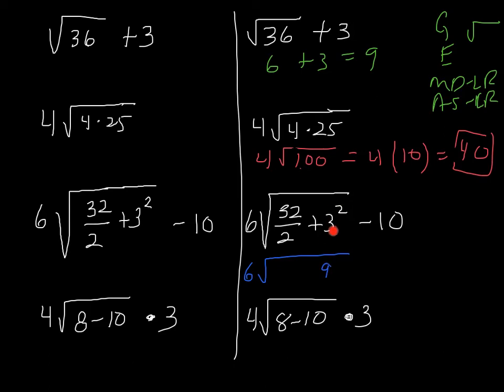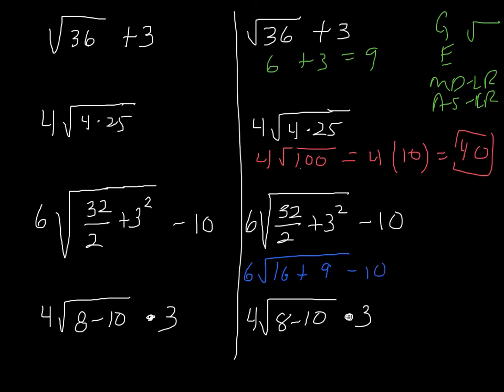Now I've just done the exponent, therefore I can now do this. 32 divided by 2 gives me 16. Notice that, by the way, I want to point this out. Notice the 10 is outside the square root symbol, so the 10 is going to be done last. And then minus 10.